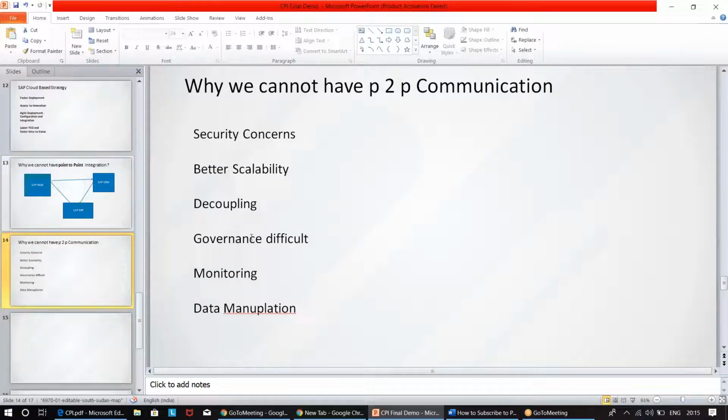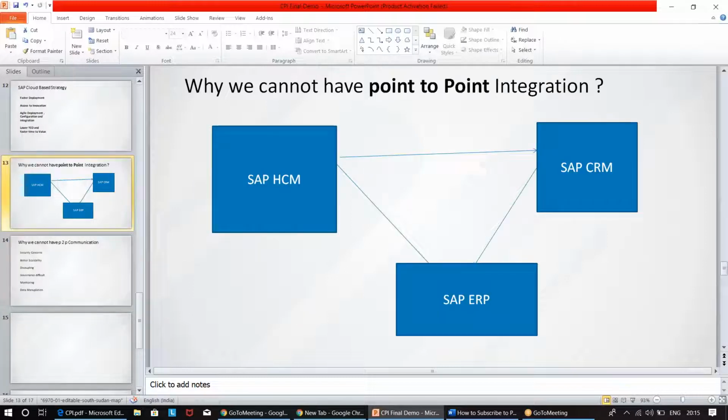The next part is your governance. Whenever you have a mashup kind of landscape where systems can communicate directly, you never know what data is flowing from where to where. That creates a problem for governance, like what kind of protocol should be followed between all these three different systems.